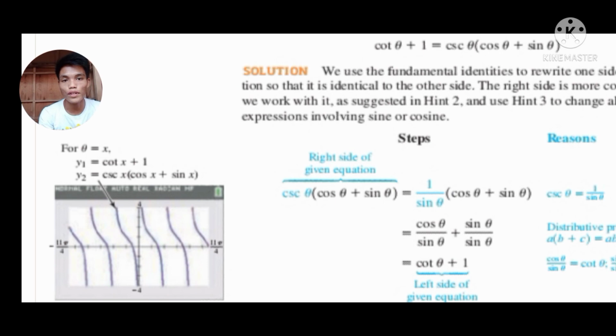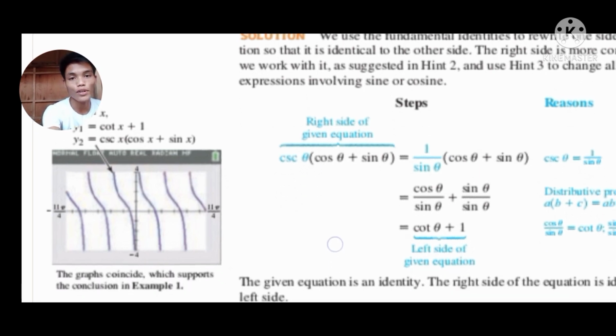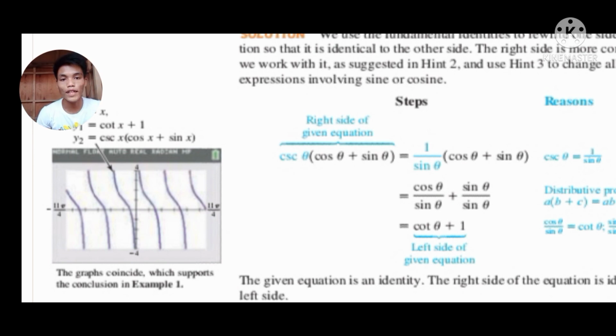For theta equals x, y equals cotangent x plus 1, and y squared is equal to cosecant x multiplied by cosine x plus sine x. Okay, so the graphs coincide, which supports the conclusion in example 1. So this is just a supporting detail on example 1, in which it has an identity.